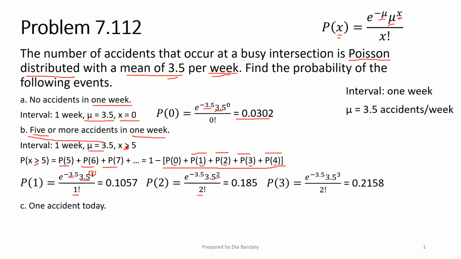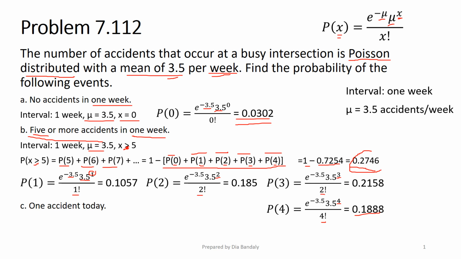P of 3, what is changing is the x value, 0.2158. And P of 4, also here you notice. All right. And now we have all these, we add the P of 0 to them, and we get a total of 0.7254. We subtract that from 1 and we get 0.2746. This will be our final answer.